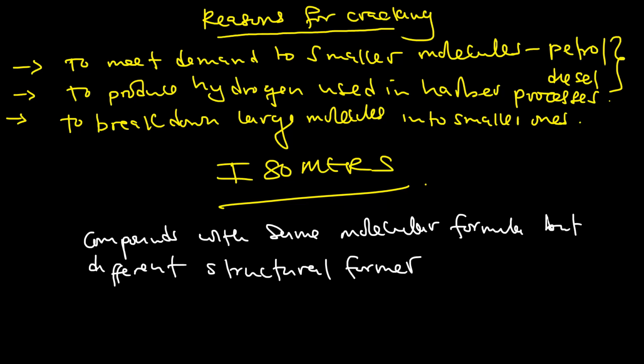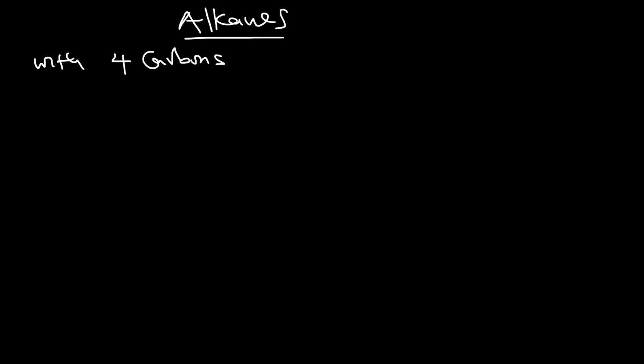Now, since we are looking at alkanes, alkanes with 4 carbons and above exhibit isomerism. In other words, they can exist in 2 or more structures.